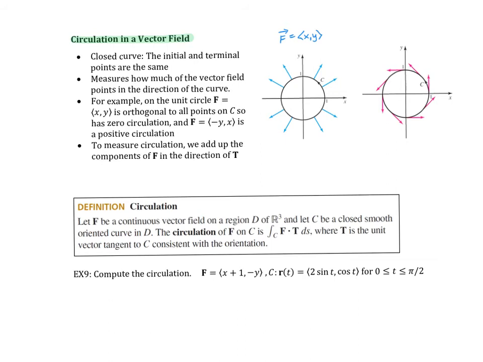So in this case, the circulation is going to be 0 because none of the vectors from my vector field are going with the curve. Okay? So here circulation is 0.